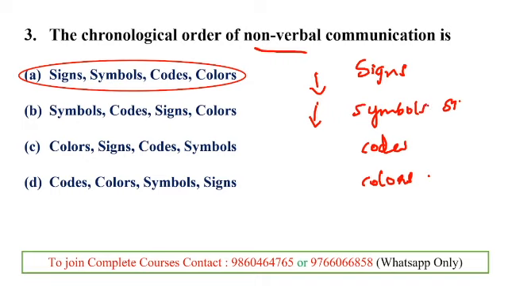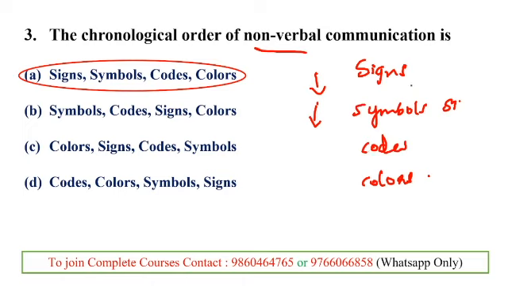So that is the code. That is not said by a verbal word to make you stand in attention. So that's a code. And the color, the colors also indicate something in traffic signals. You can know the red, green, yellow colors. So these are other non-verbal communication. So first there comes signs, and then symbols, codes, colors.